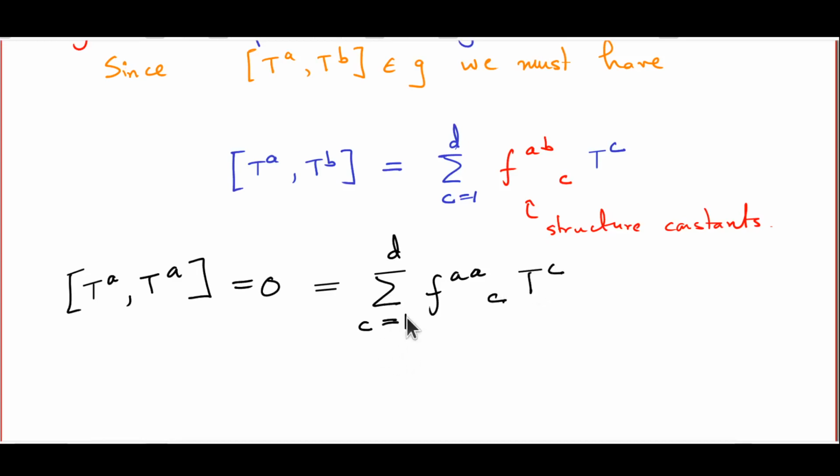So the linear combination of these basis vectors with coefficients f_aa^c must give you 0, and since the basis vectors are linearly independent, the only way this can happen is f_aa^c must be 0 for all a and c. That is, whenever the two lower indices in the structure constant are repeated, the structure constant must vanish.